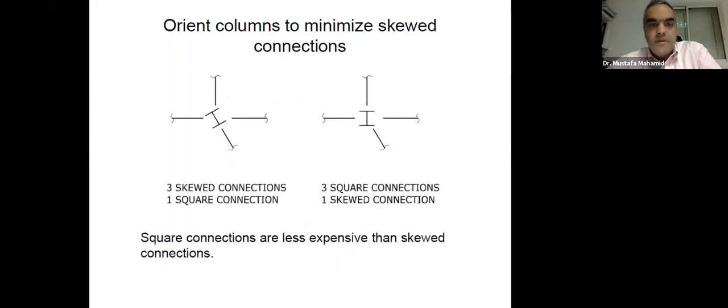Orient columns to minimize skewed connections. Skewed connections are difficult and they are expensive. So look at the column orientation to have straight members and straight connections, square connections.